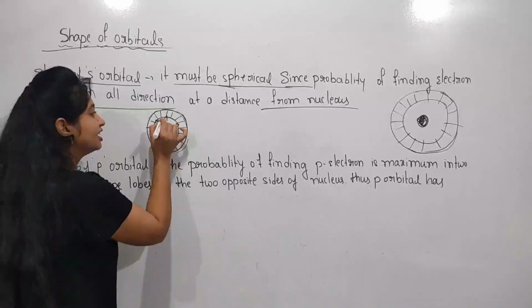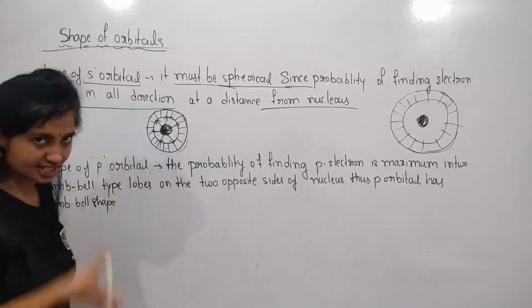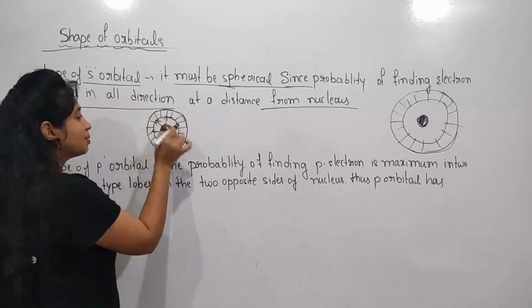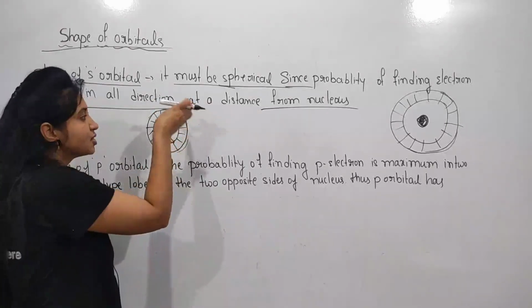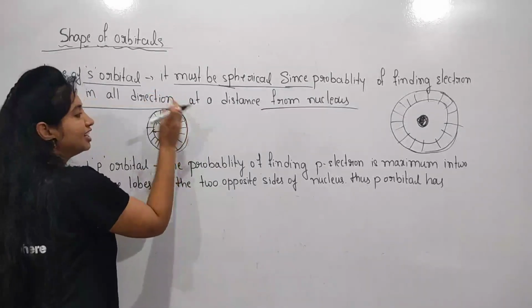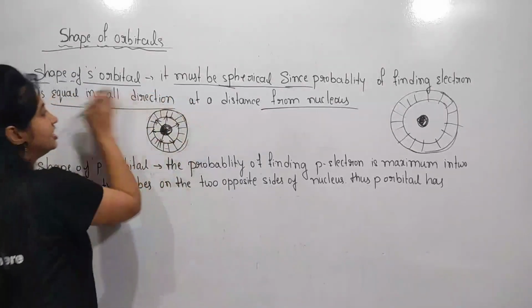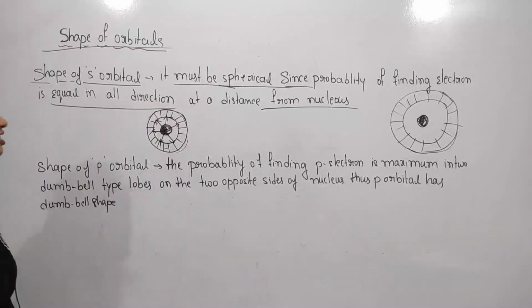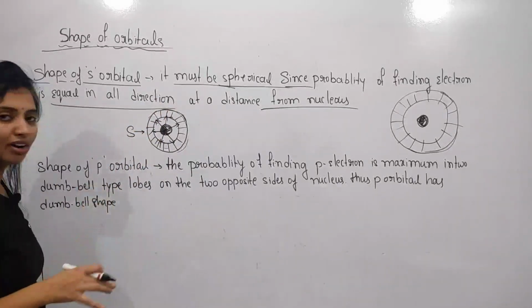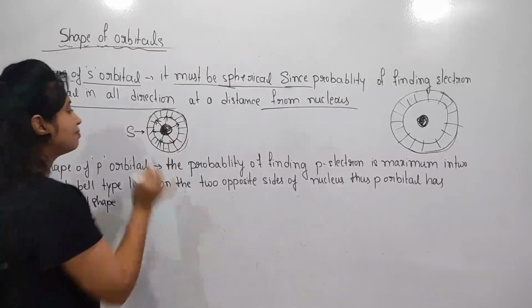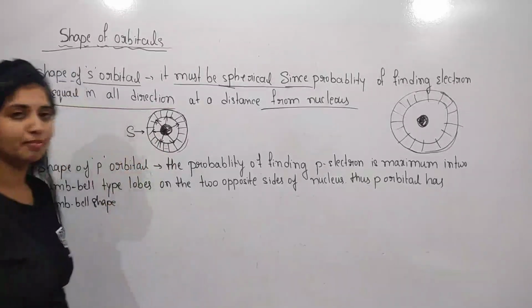At a particular distance the probability or density of an electron is equal in all directions. So we know the shape of the s orbital is spherical.